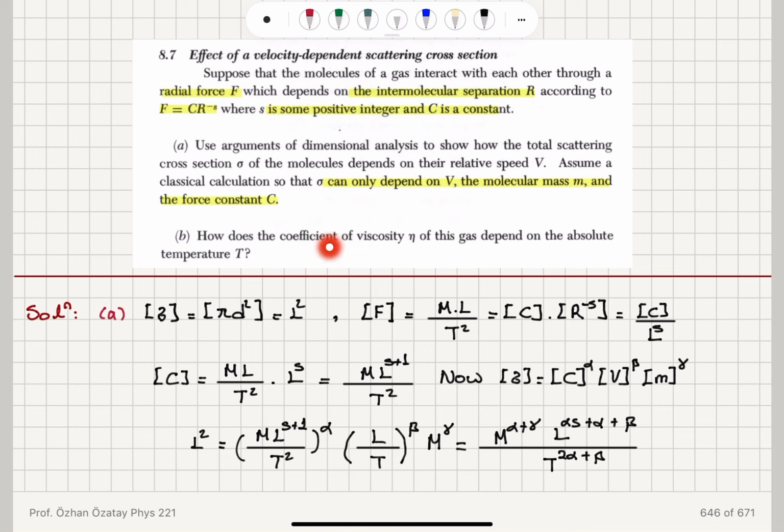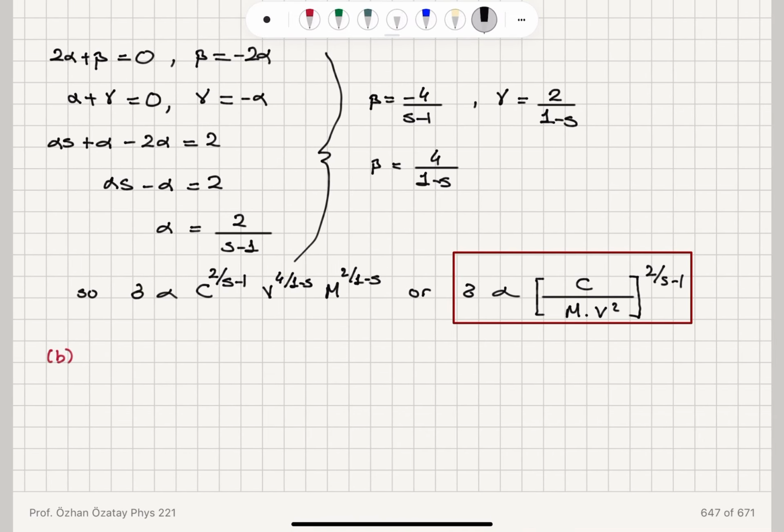How does the coefficient of viscosity of this gas depend on the absolute temperature T? The coefficient of viscosity, eta, is equal to 1 over 3 n v bar m l, which, as we have shown many times, is 1 over square root 6 times square root of mkT divided by the total scattering cross-section sigma.